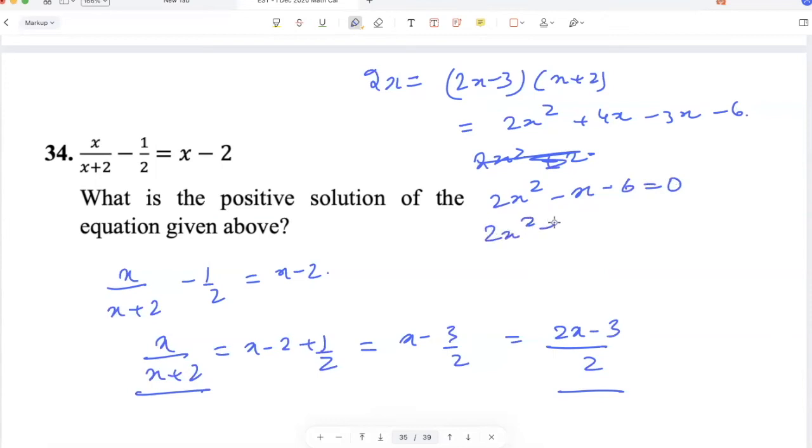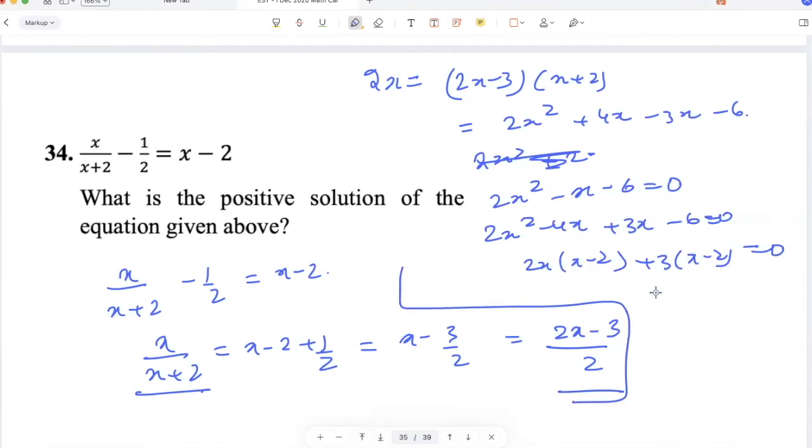So 2x squared minus 4x plus 3x minus 6 is 0. So 2x times x minus 2 plus 3 times x minus 2 is 0. So I get 2x plus 3 times x minus 2 is 0. So x is negative 3 by 2 and 2. So the positive solution will be 2.